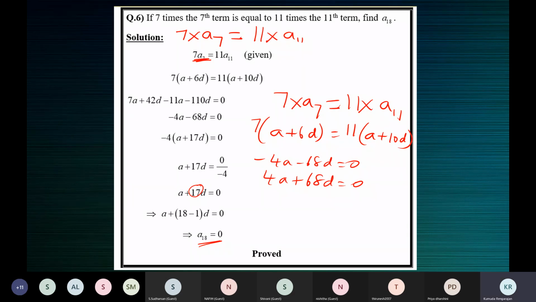So there is a condition given to us: 7 times the 7th term is equal to 11 times the 11th term. When we work with that condition, we get one equation in a and d. We get minus 4a minus 68d is equal to 0.